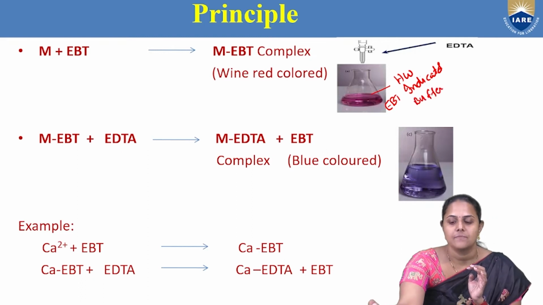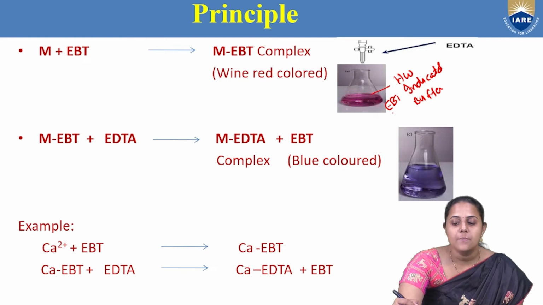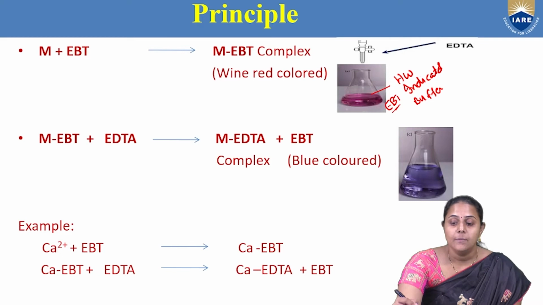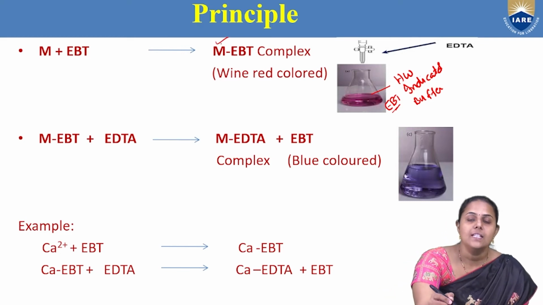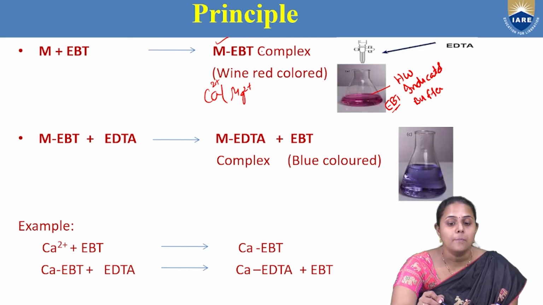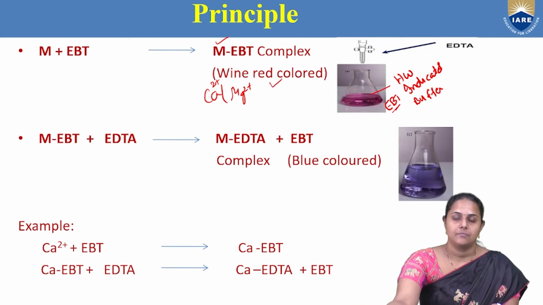So, when hard water comes in contact with EBT indicator, already I told EBT will form weak complexes. So the metal, in the sense calcium or magnesium ions, will form weak complexes with the EBT indicator and it will be wine red in color.